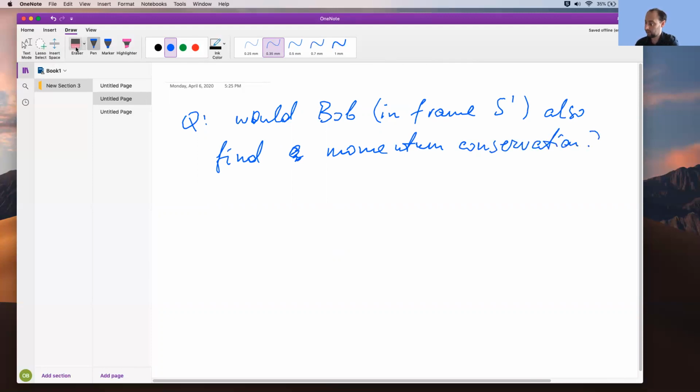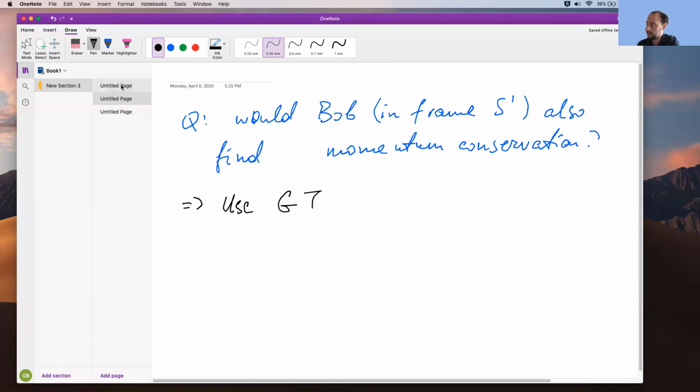Okay, see if this works. Yeah, this works. So that's the question. And now we use the tool, the Galilean transformation, to answer that question.